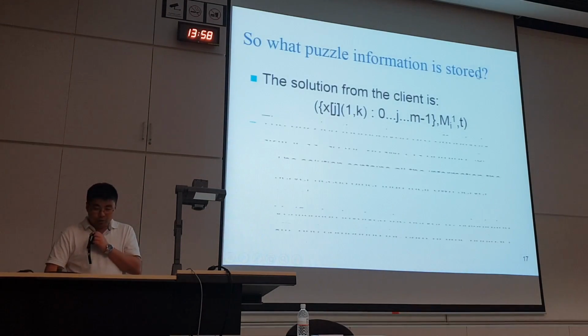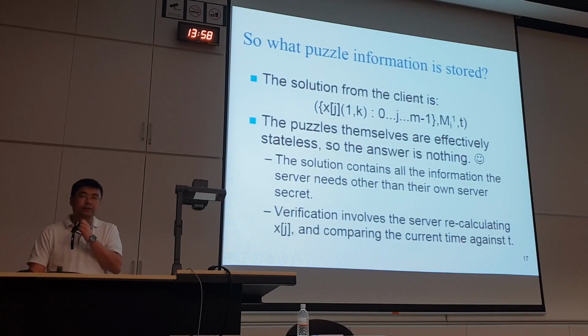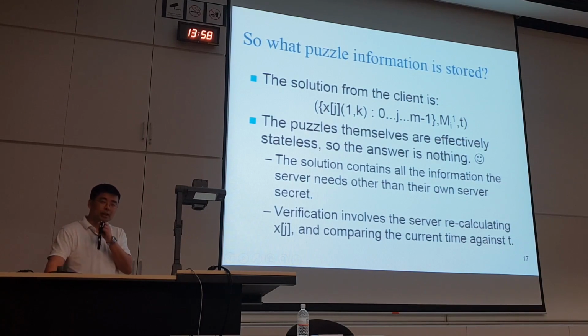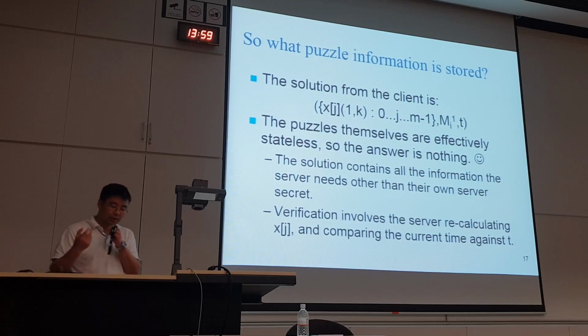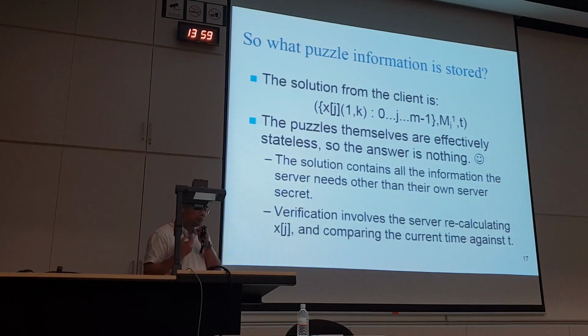If we require the client to supply the missing K bits in X, and also the service to access, and the timestamp, then the server can recompute everything from the client's response and the server secret. So essentially the server only needs to keep the secret.